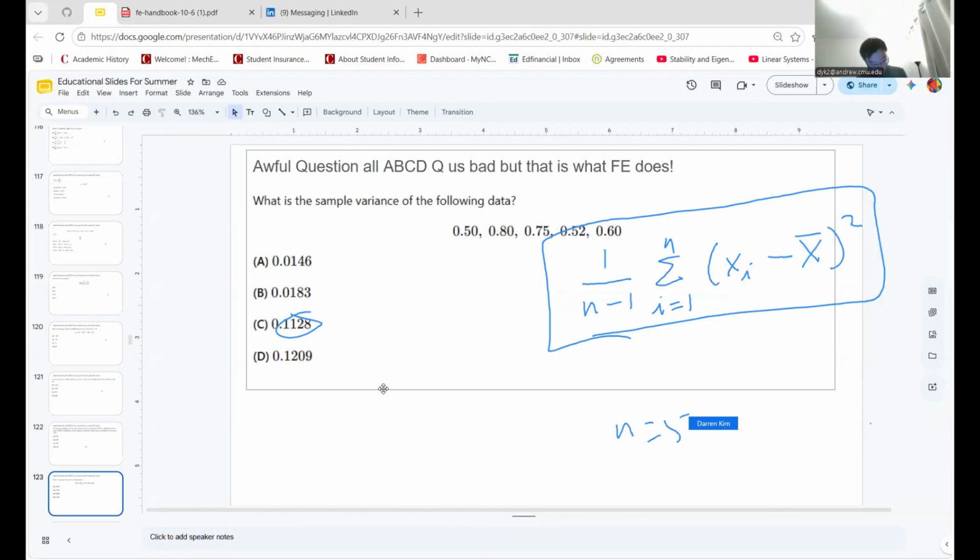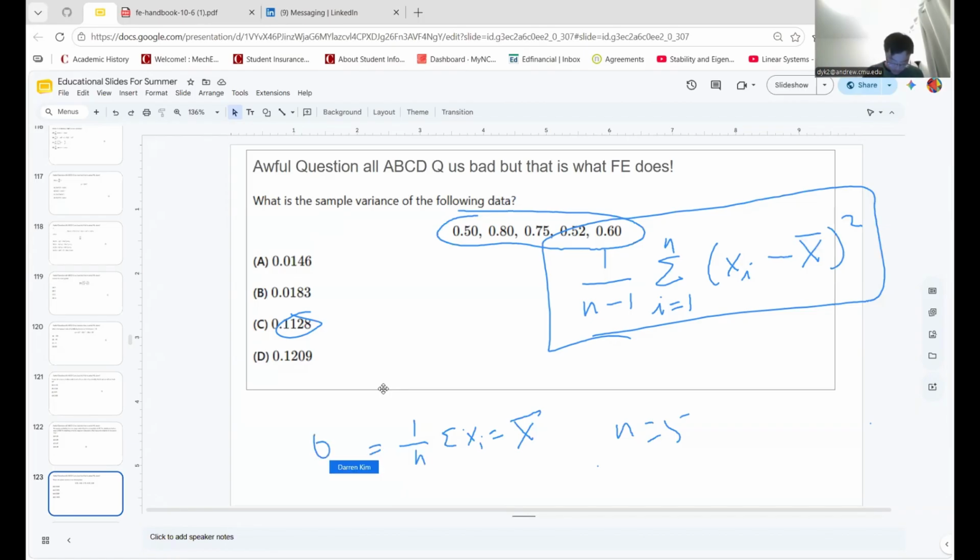This is a question I would probably skip because it takes a long time. All the probability ones are a pain, and I would recommend everyone skip them temporarily. So we first have to get the average, which is 1 over n summation of xi, equals x bar. So 0.5 plus 0.8 plus 0.75 plus 0.52 plus 0.6, divided by 5. That equals 0.634.